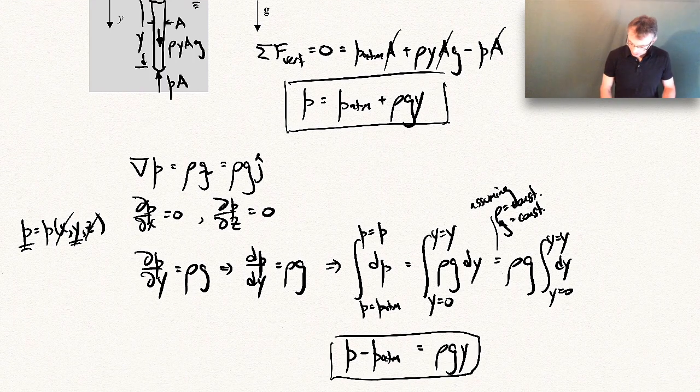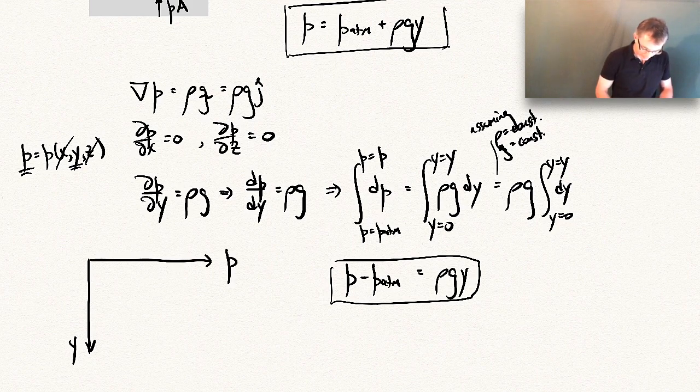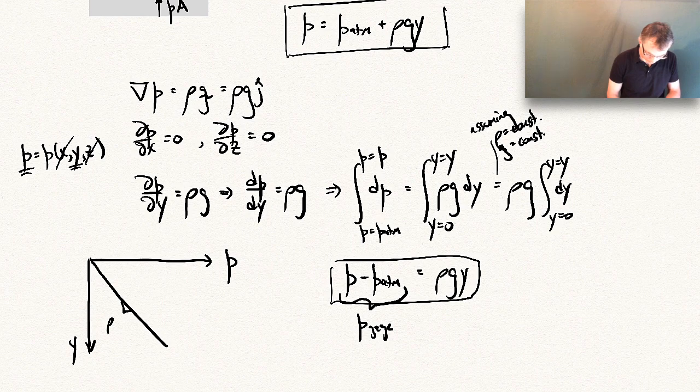All right, if I was to sketch what that pressure profile looks like, let me go ahead and do that over here. This would be the depth from the free surface, and this is the pressure. If I sketch out the gauge pressure, remember P minus P atmosphere is just the gauge pressure, it'll look like a straight line with a slope of rho g.